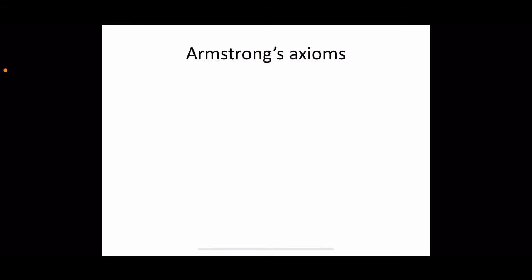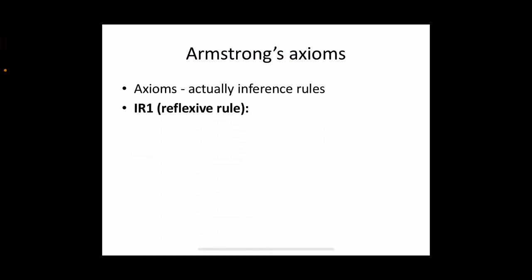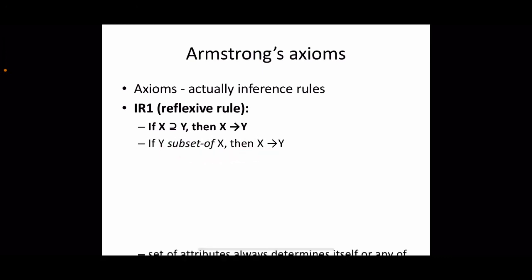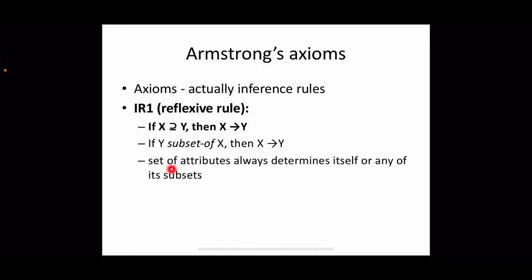So we have 6 different inference rules, IR1 through IR6, which are called Armstrong's axioms. First one is IR1, which is the reflexive rule, which states that if Y is a subset of X, then definitely X determines Y. That is, the set of attributes always determines itself or any of its subsets.